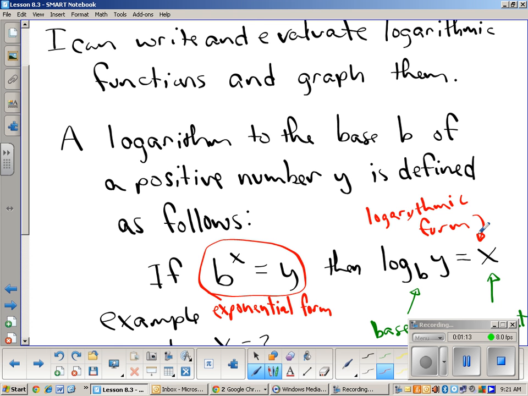We had a problem yesterday where we were asked to find how many years it would take to double our money. And we didn't have the rule of 72, and that wasn't the method that they wanted. So what we did was we graphed it, and we picked a value.